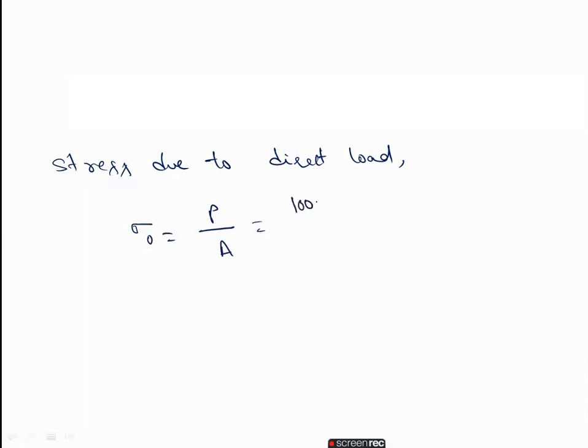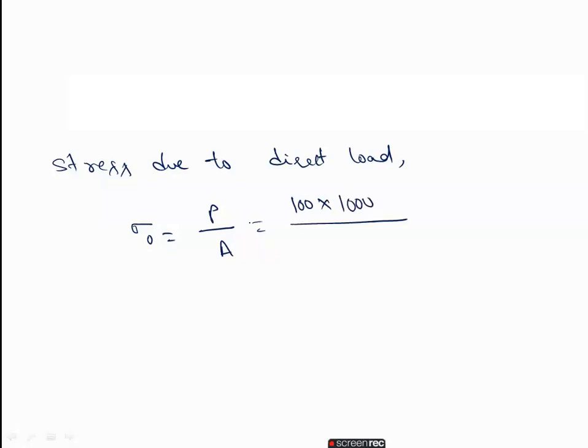First we have to calculate the stress due to direct load, that is sigma naught equal to P by A. Here P is the axial thrust, we know that is 100 kilonewton, that means 100 into 1000 newtons.